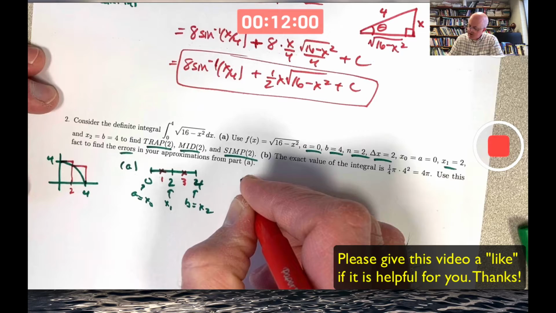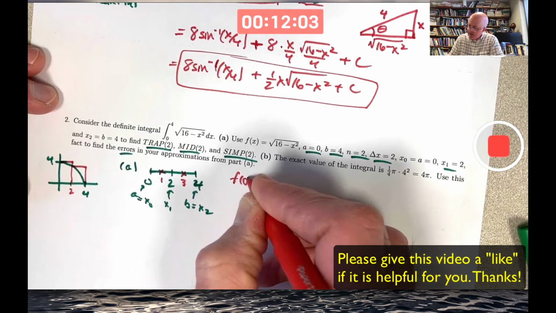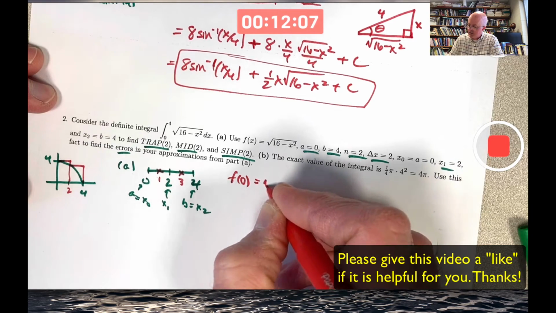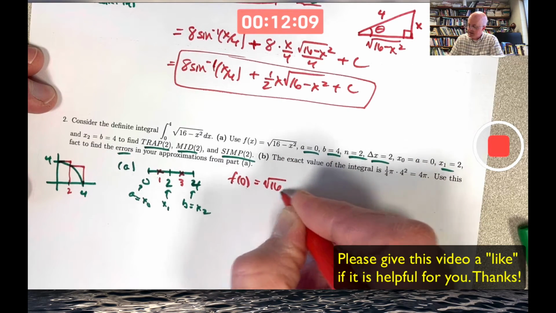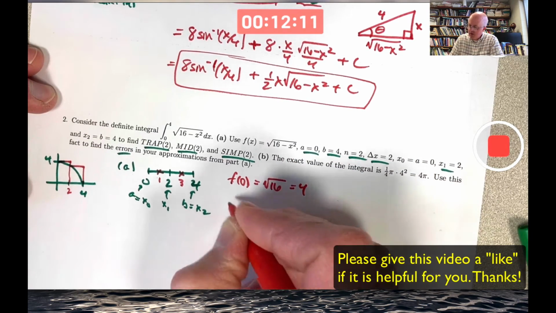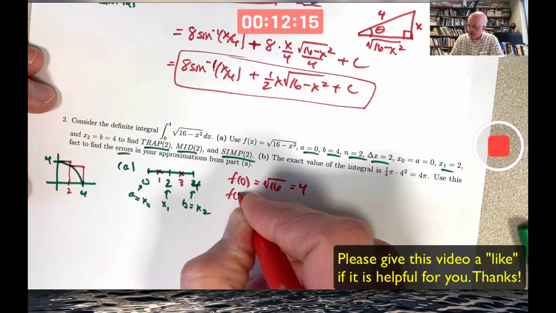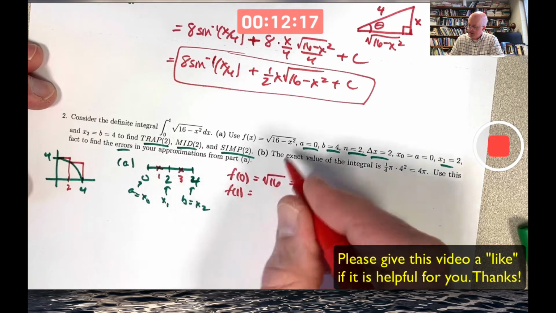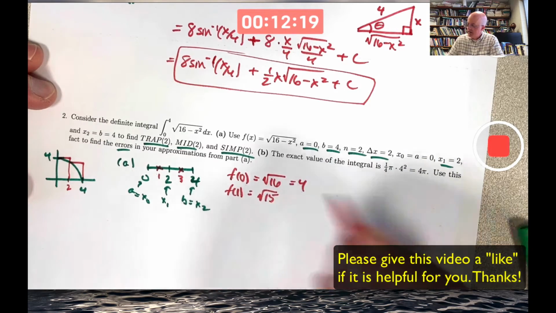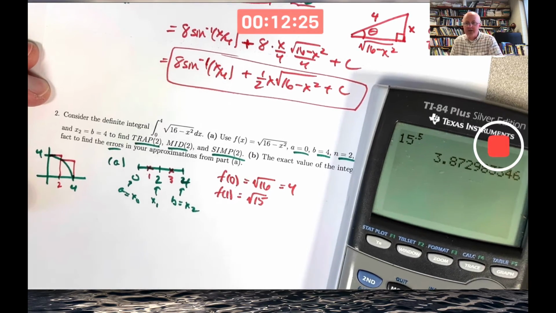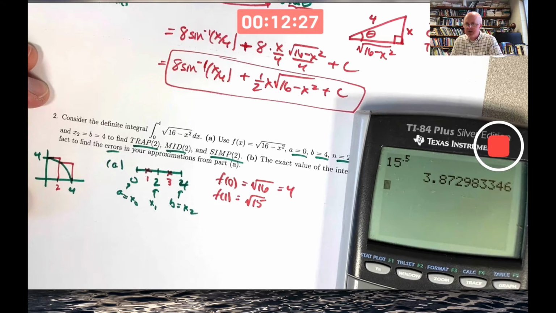Before doing so, maybe it's good to just go ahead and evaluate the function at all the values of x that we will need. f of 0 is the square root of 16 minus 0 squared. That's nice, and that's 4. We will need to evaluate the function at 1 and 3 for the midpoint rule, so let's go ahead and do that. f of 1 is the square root of 15. We'll go ahead and use a calculator here. The square root of 15 is about 3.872983.